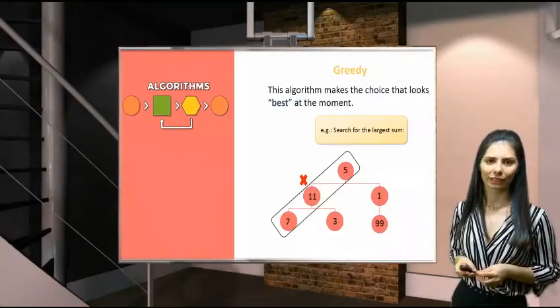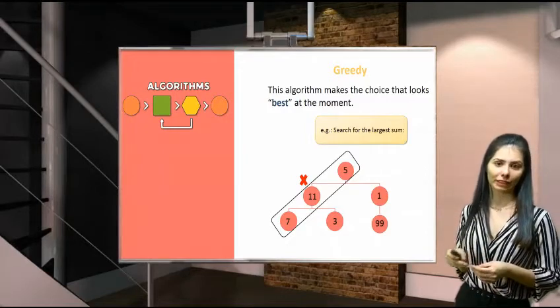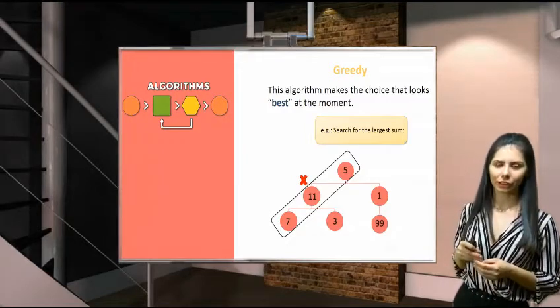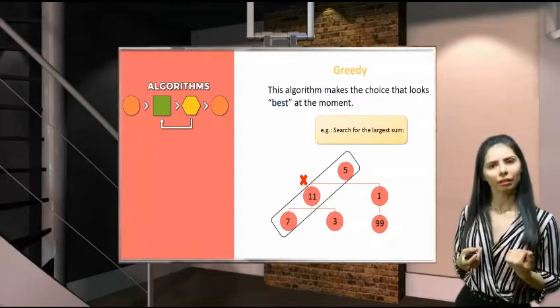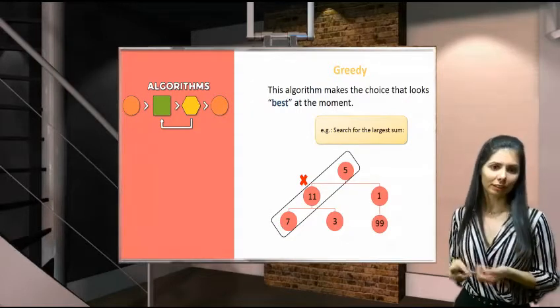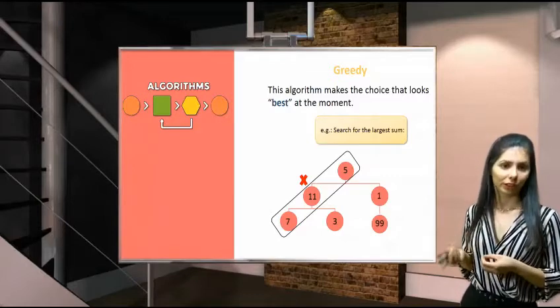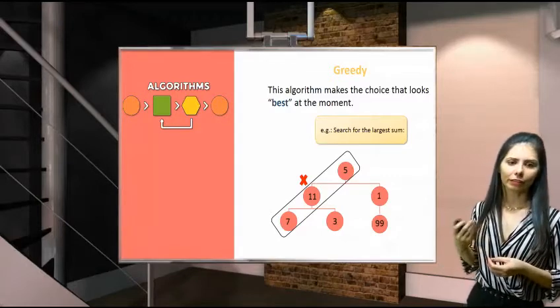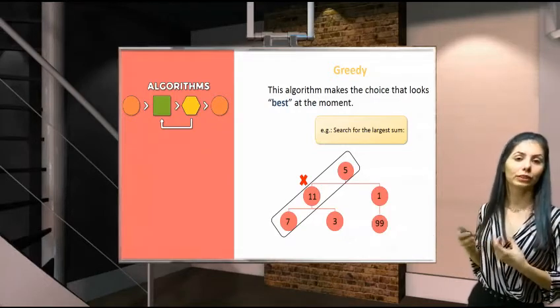The second one is the greedy algorithm. It makes a sequence of decisions, and in each decision makes the choice that looks the best at the moment. Even so, a greedy choice doesn't always lead to the global optimal decision. And after the choice is made, it isn't possible to go back and choose another option.